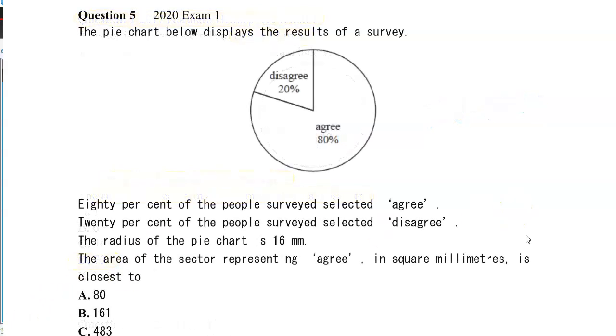Okay, the pie chart below shows the result of a survey. You can see 20% disagree, 80% agree. This is question 5 from 2020 exam 1, so that means it's about middle difficulty.